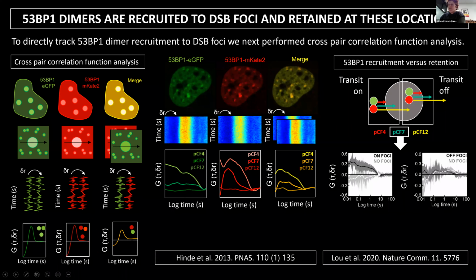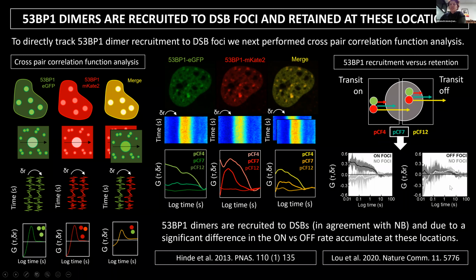So they all arrive on a time scale that ranges from milliseconds through to seconds. But in terms of the population getting off this DSB foci, you don't ever see 53BP1 molecules getting off this structure on the time scale of our experiment. So this tells us that indeed 53BP1 dimers are recruited onto DSBs, which is in agreement with the brightness analysis.